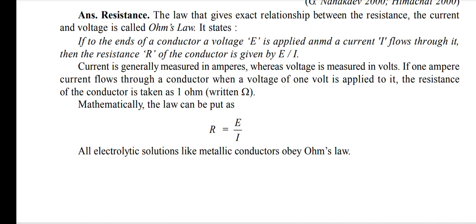If 1 ampere current flows through a conductor when a voltage of 1 volt is applied to it, the resistance of the conductor is taken as 1 ohm.